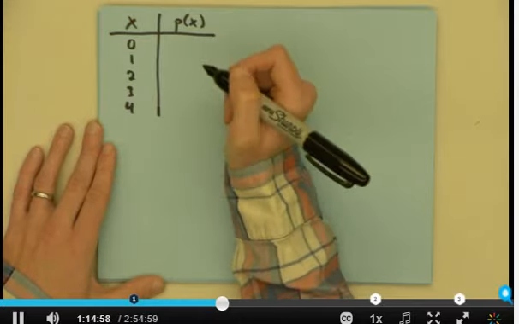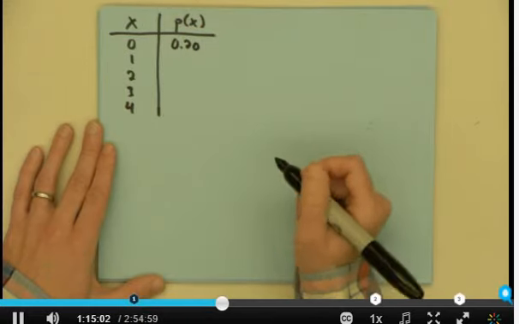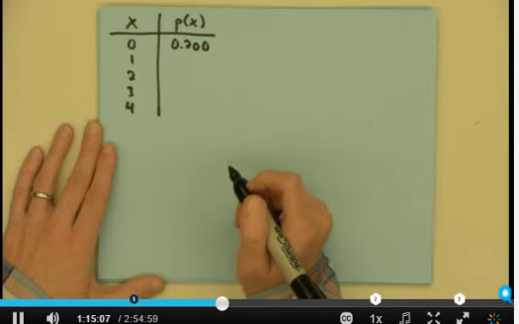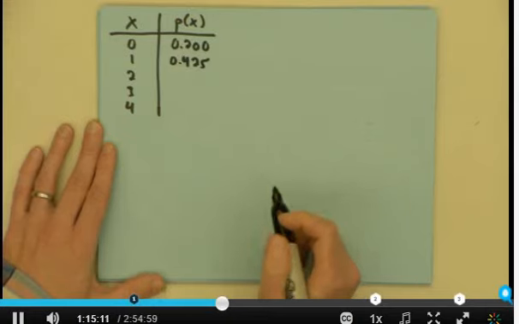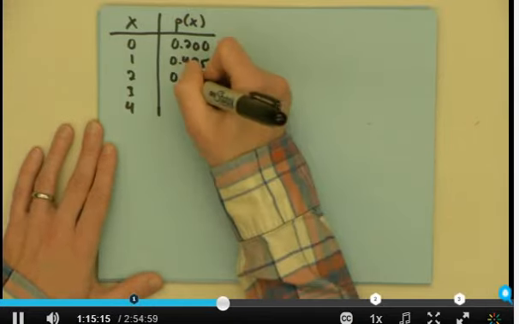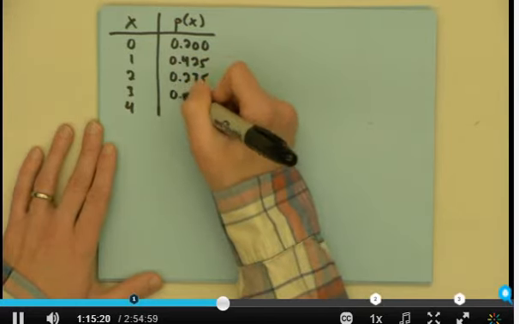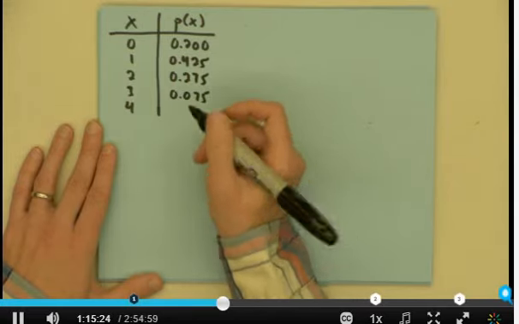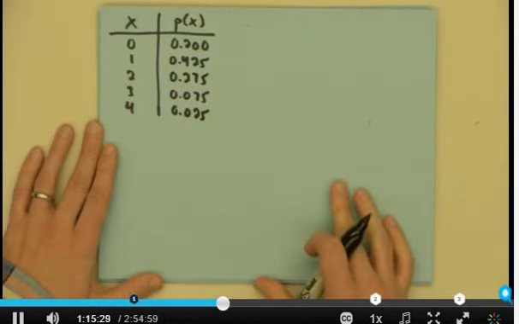And 8 of the 40, which is exactly 20%, had no siblings. Go 3 decimal places. 17 of the 40, which is 0.425, had 1 sibling. 27.5% had 2 siblings. 7.5% had 3. And, well, 1 person had 4.